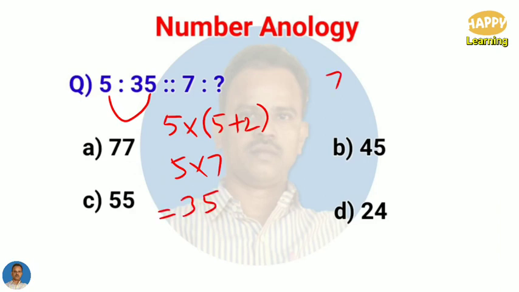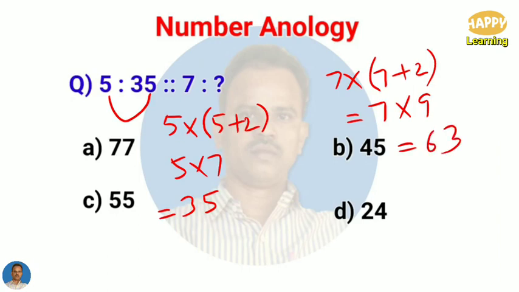Similarly, 7 into 7 plus 2 equal to 7 into 9, that equal to 63, but this 63 is not there in the options.